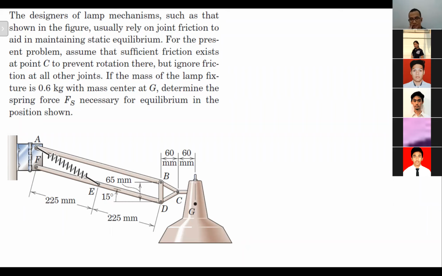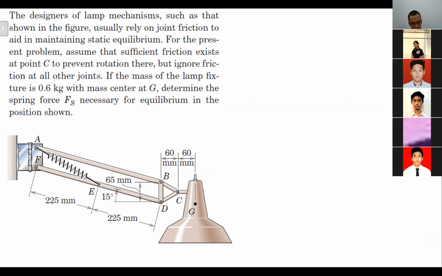Yes, sir. The first stage first. Do you understand the problem? I think we draw the free body diagram. No. I mean, do you understand the problem first? Hello, Faiz. Hello, sir.